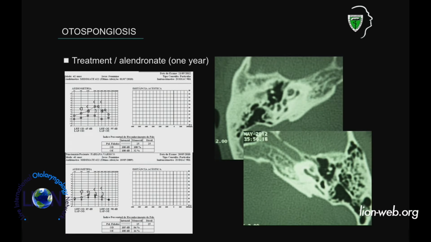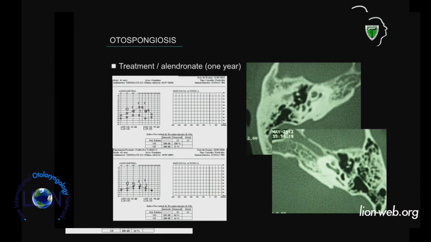We can compare with the first audiometry. We had a huge improvement of the hearing, both bone threshold and air threshold on the right side, and less improvement in the left ear, with improvement also in the speech recognition scores.